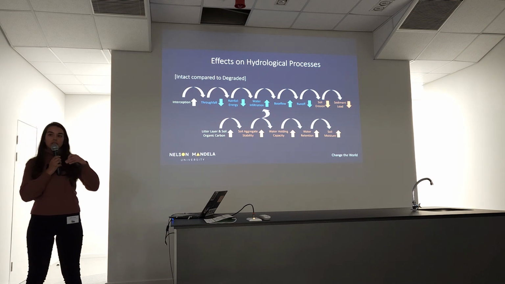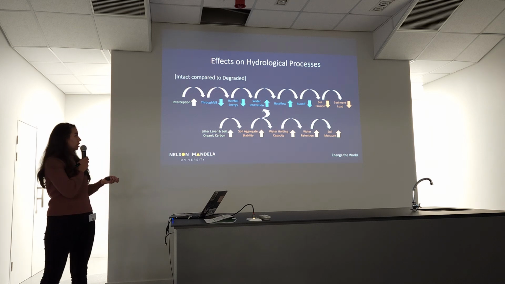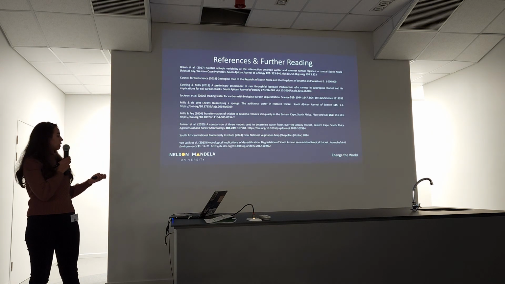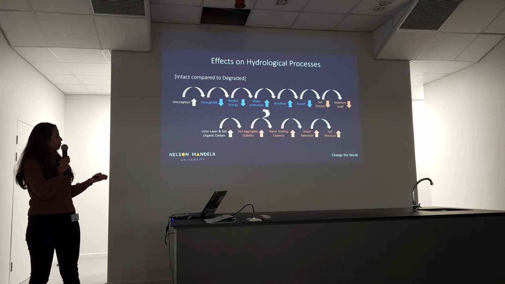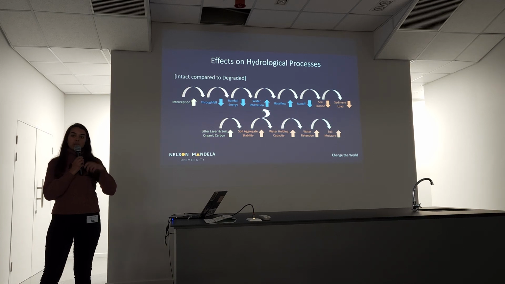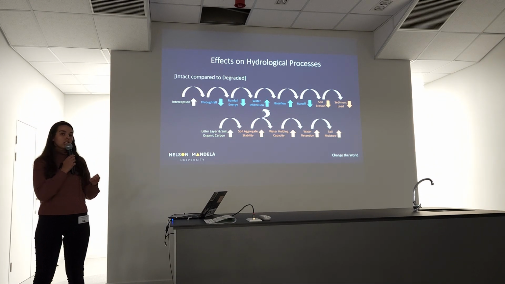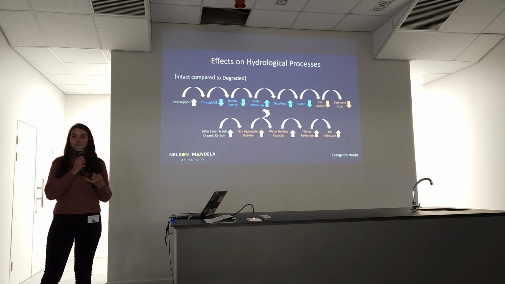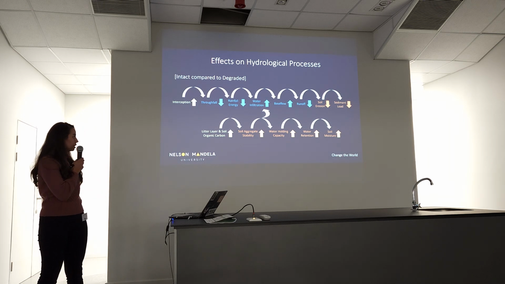So they strike the ground with a slower velocity and less force. This favors water infiltration, and you have an increase in your base flow or your subsurface flow rather than the runoff on the surface, which means you have less soil erosion and, of course, a lower sediment load.